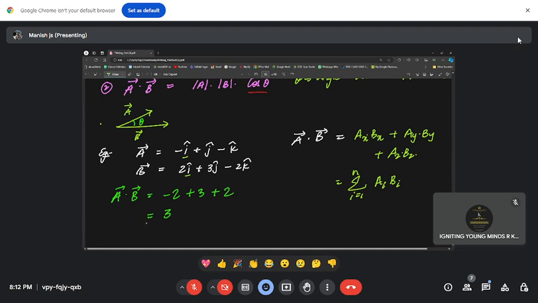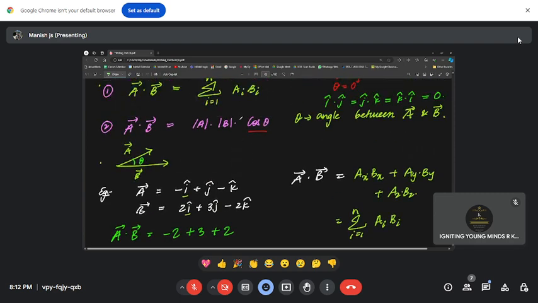So the dot product of these two vectors A dot B is going to give you 3. So the answer is 3 ultimately. Okay. And that's how you evaluate the value of the dot product of any two vectors. Okay, so I hope this is clear. That's the method of identifying the dot product.